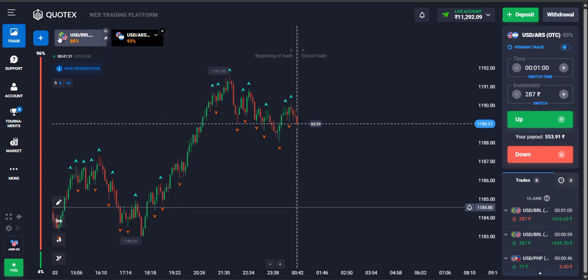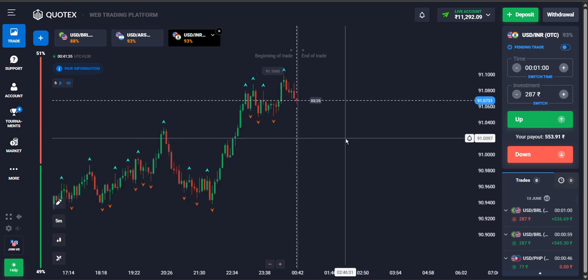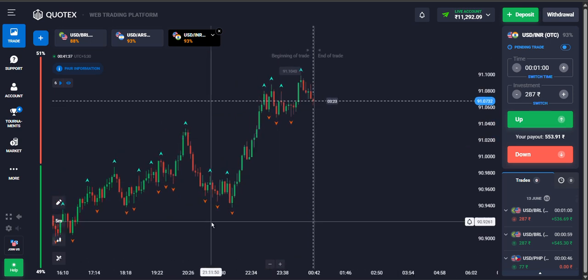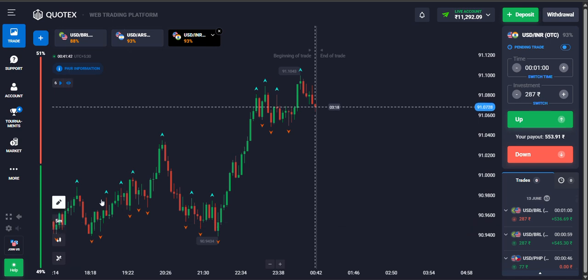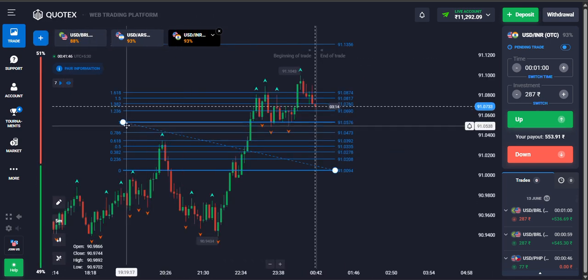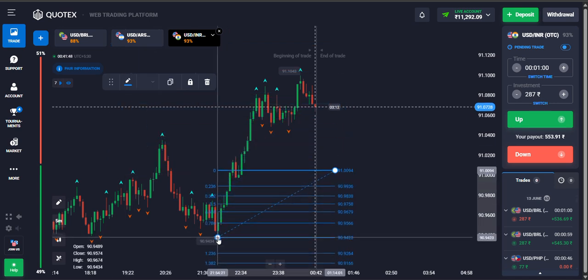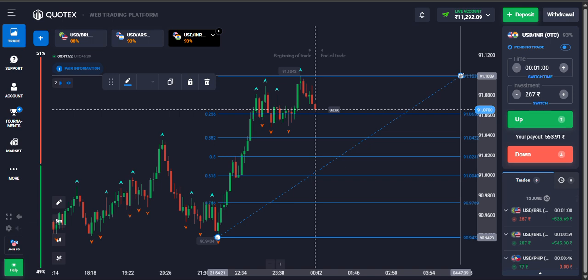And if I have to take a 5 minute trade, as I've shown you already a 1 minute trade, let me see if I can find another asset, USD INR, right? Okay. So let us try and see if I can get a good trade. But this time, since I'm drawing the retracement level in a 5 minute time frame, I will have to take the trade in a 5 minute time frame.